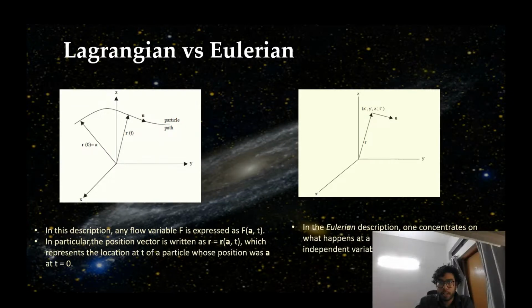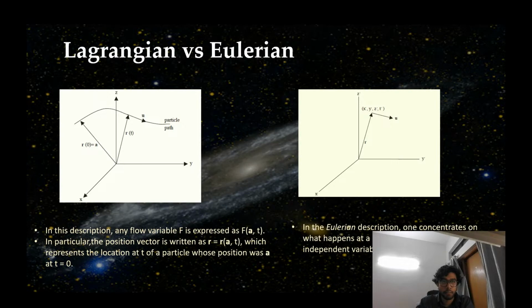But you see, in the Eulerian approach, in real life situations, you're not following the particle. You are basically trying to see what is happening in the fluid at that particular position, right? I mean, a particle could get out of the system, right? So you're not going to follow the particle out of the system.